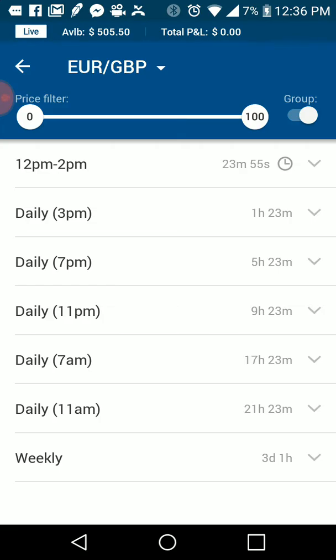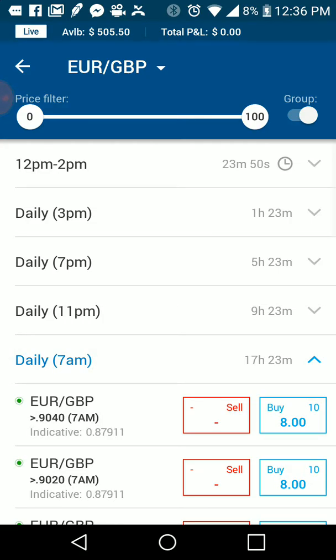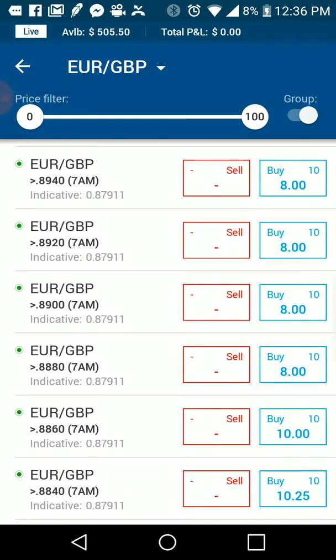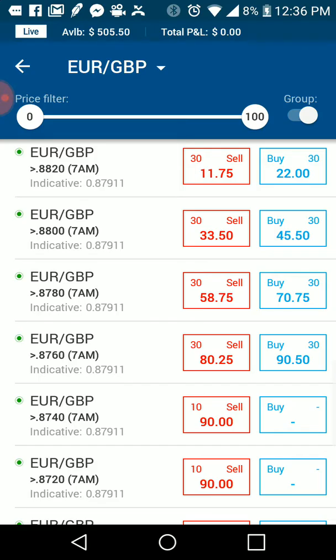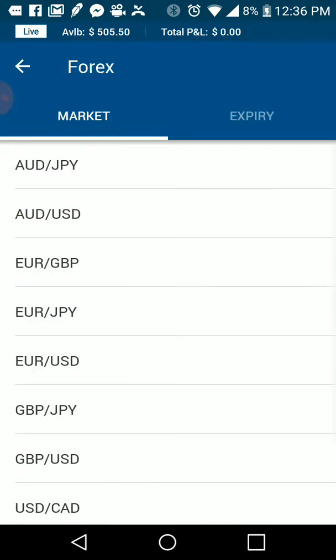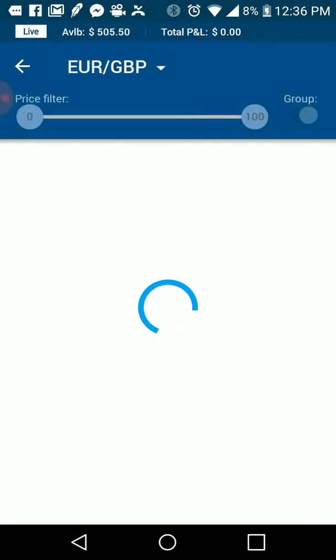We will set this for 7 a.m. actually in the morning. We'll give it 17 hours out. And we do not have what we're looking for there at a glance. It is easy to tell at a glance what you're looking for because you're looking for two things. You are looking for the distance and you're looking for the pricing.